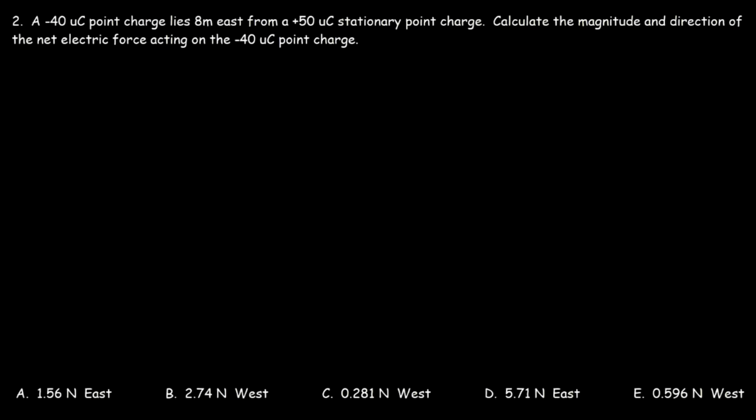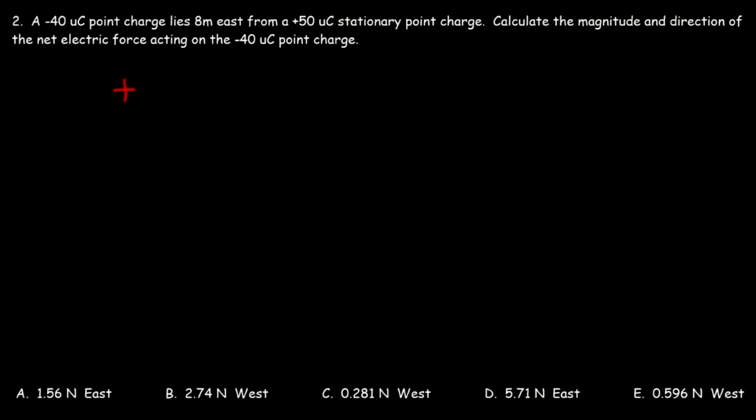Number 2, a negative 40 microcoulomb point charge lies 8 meters east from a 50 microcoulomb stationary point charge. Calculate the magnitude and direction of the net electric force acting on the negative 40 microcoulomb point charge. So let's begin by drawing a picture.